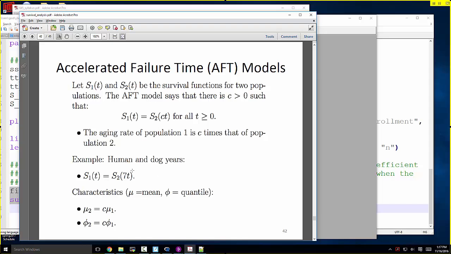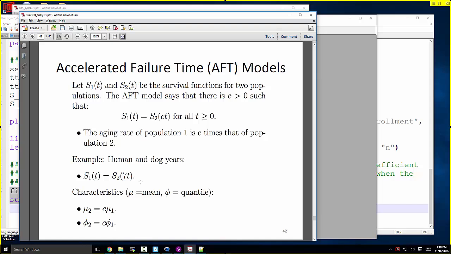That has some ties to real-world applications, like humans and dogs. We think of dogs as aging at an accelerated rate relative to humans. The rule of thumb is that 1 dog year is like 7 human years.